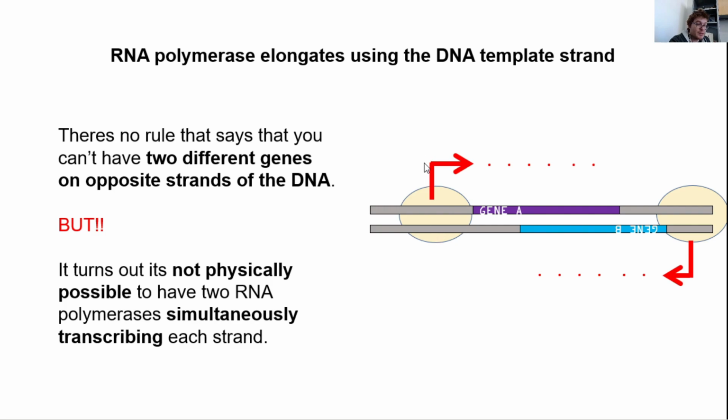and sometimes actually you will see what is called convergent transcription like this in the genome. But it's important to remember that although we can draw it like this, it's not physically possible to have two RNA polymerases simultaneously transcribing each strand of a given stretch of DNA.